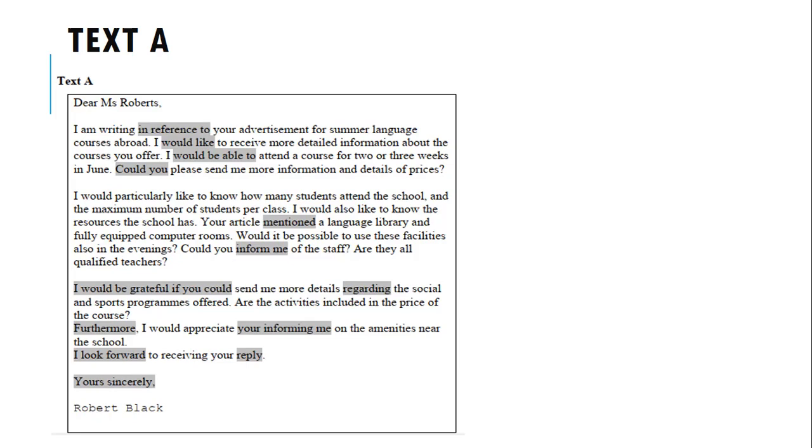I would particularly like to know how many students attend the school and the maximum number of students per class. And I would also like to know the resources the school has. Your article mentioned a language library and fully equipped computer rooms. Would it be possible to use these facilities also in the evenings? Could you inform me of the staff? Are they all qualified teachers?